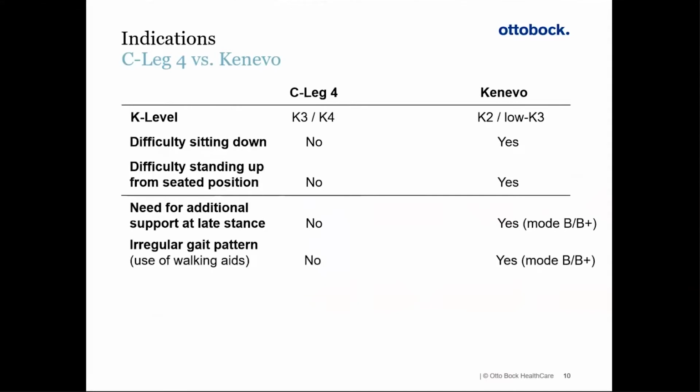Patients who walk with irregular gait pattern, especially when they use walking aids, are also clear candidates for the Kenevo in mode B and B plus rather than for the CLEC.